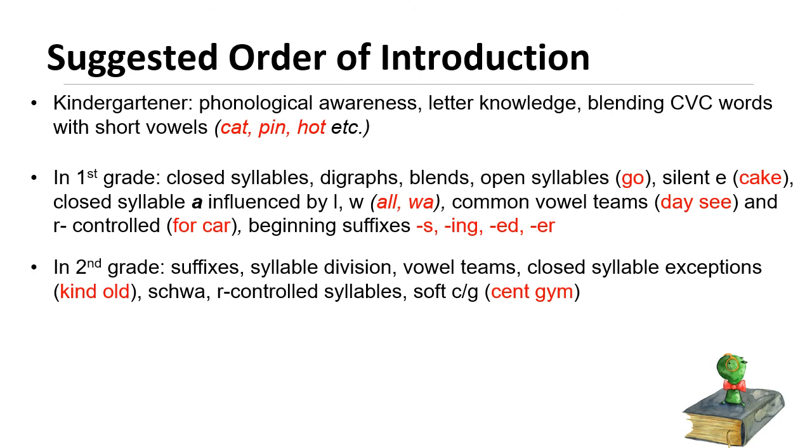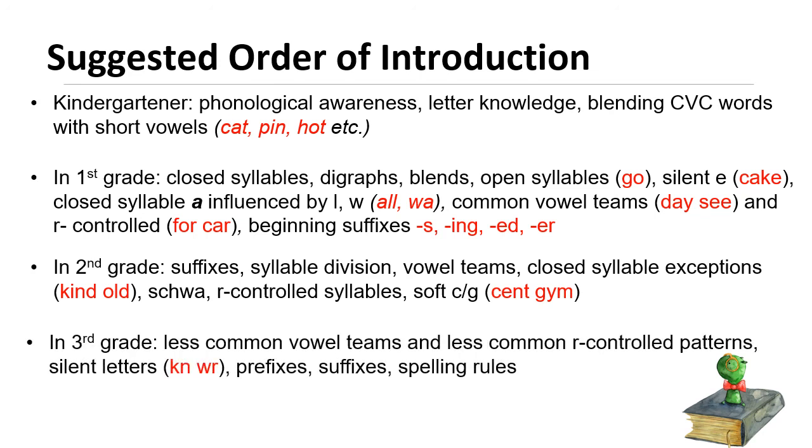We'll also look at closed syllable exceptions, such as the words kind or old, where we see a word that looks like it's a closed syllable, but it's actually pronounced with that long vowel sound. Students will learn about the schwa sound, more about R-controlled syllables, the soft C and G, and other types of phonics skills that build on the skills they've learned in first grade.